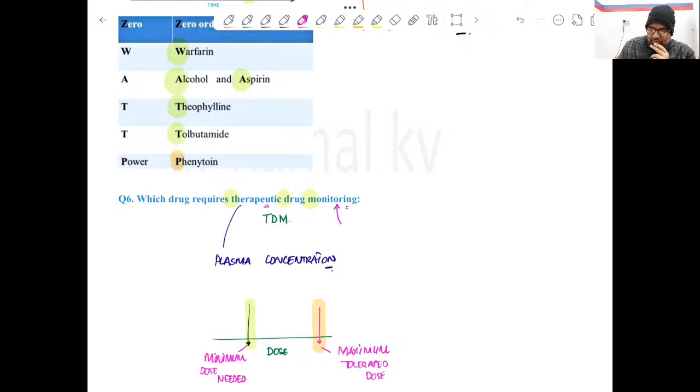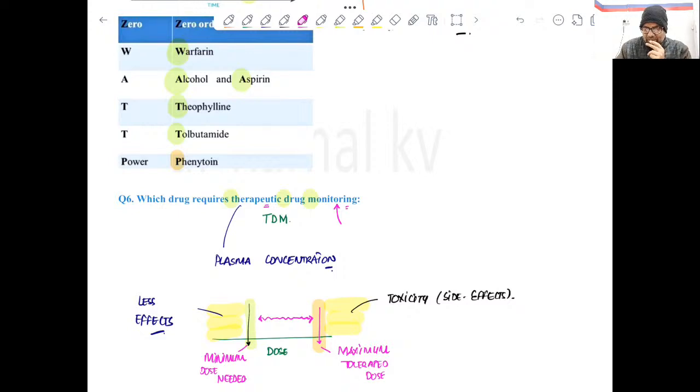Because if the concentration of drug is in this area, less effects, no beneficial effect of the drug. And if the drug concentration is increased, then there will be toxicity or side effects. So it is very important to make sure that the drug plasma concentration is in this particular range only. It should not go below this, it should not go beyond that. So this we have to check, and that is known as therapeutic drug monitoring.